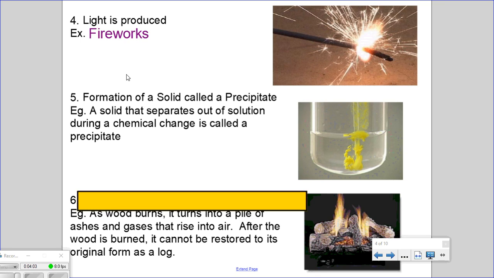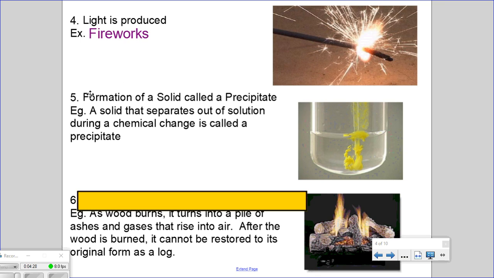Those two chemical substances are separated by that little glass vial, which usually will contain peroxide in it. When you break that vial and shake it around, the peroxide will mix with the chemical outside of the glass vial, and those two chemicals mixing together will create a new substance that will produce light. And so that is a sign of a chemical change.